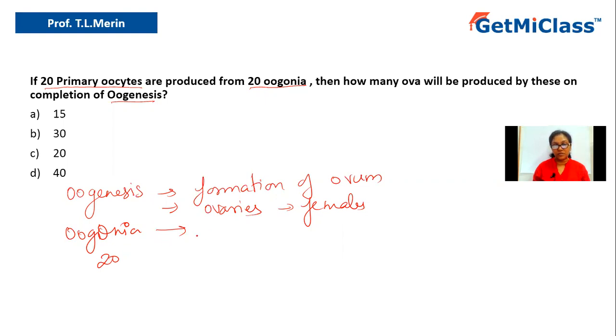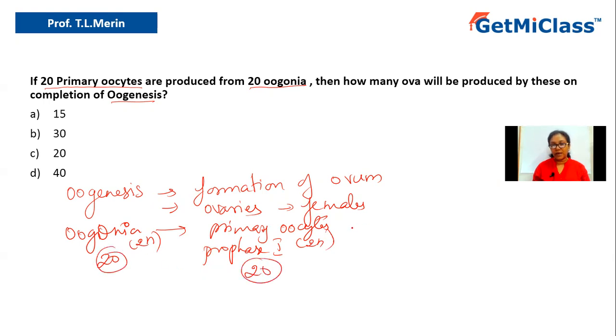It will just begin the first meiotic division and get arrested at prophase 1. And this stage is called primary oocytes. These have not completed the meiotic division, hence the ploidy level will remain the same. This will be 2n and this also will be 2n. So you can say that 20 oogonial cells will give rise to 20 primary oocytes.